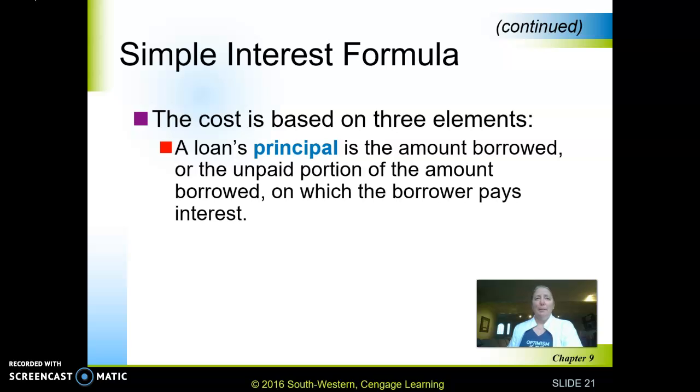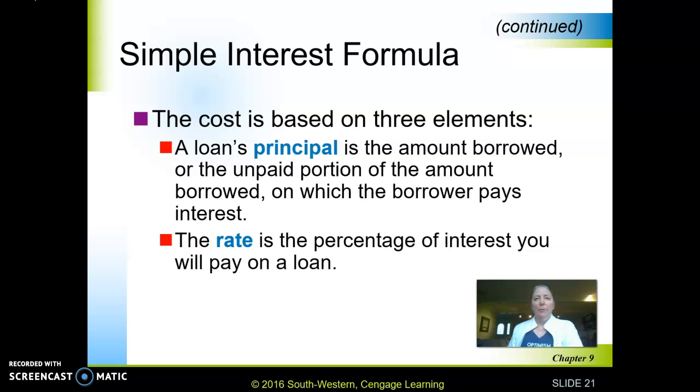The first one is the principal. The principal is the amount we borrowed or any unpaid amount that we borrowed, or the amount that I deposited if I'm on that side. The rate is the percentage of interest you'll pay on a loan. It is expressed in annual terms all the time, so you'll see it as APY, annual percentage yield or rate.